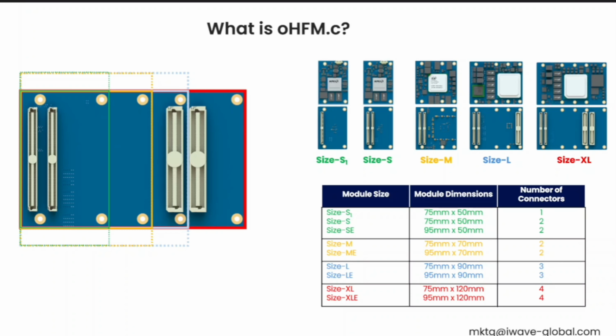With respect to the dimensions, the standard width is 75. Based on our market study, we decided to make 75 the standard size for the connector, and we also provide a provision to extend the width up to 95, which we call the extended version of sizes S, M, and L, and also SL, XL.